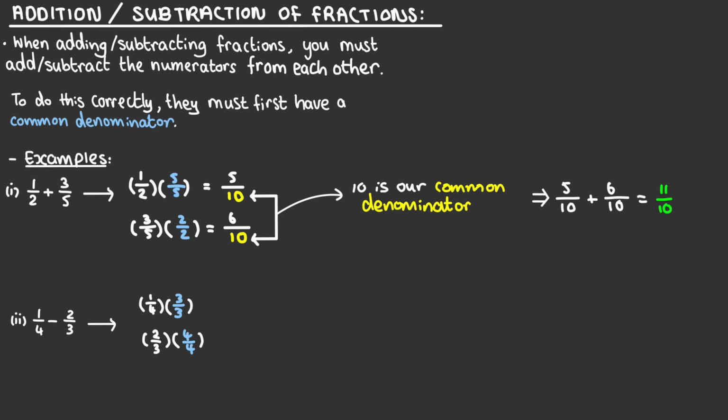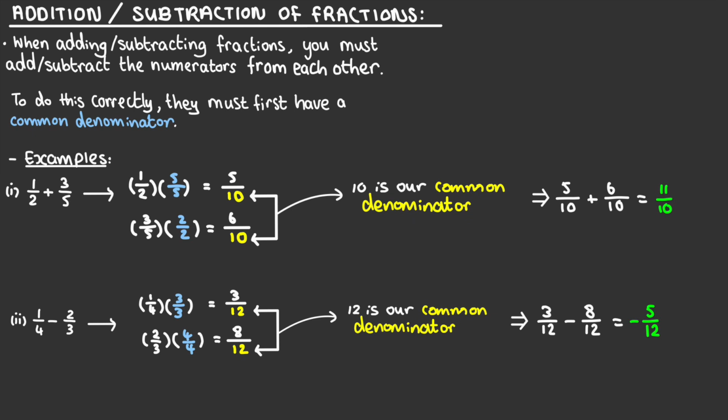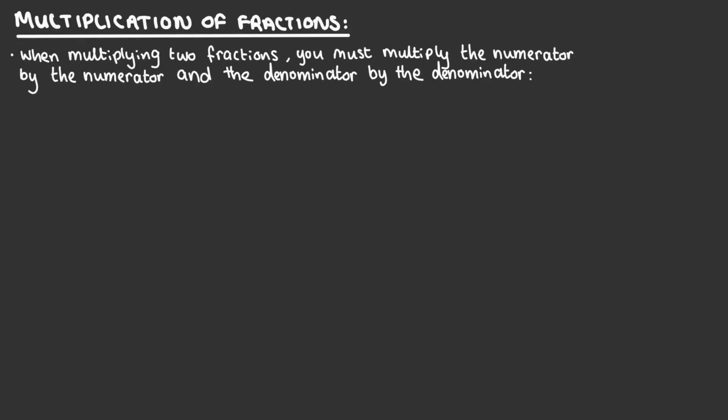So we take 2/3 and multiply it by 4 divided by itself. Here we get 3/12 and 8/12. So 12 is our common denominator. Here we can see that subtracting 3 minus 8, we get -5. So 3/12 minus 8/12 is equal to -5/12.